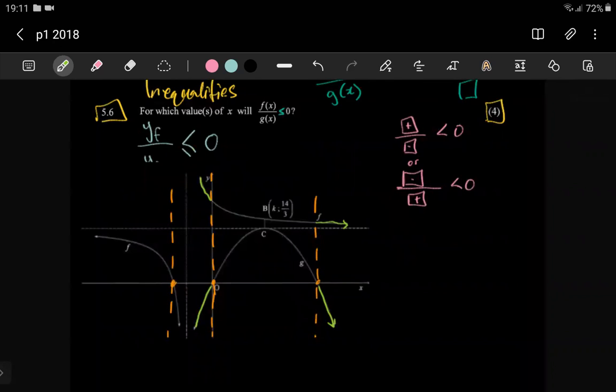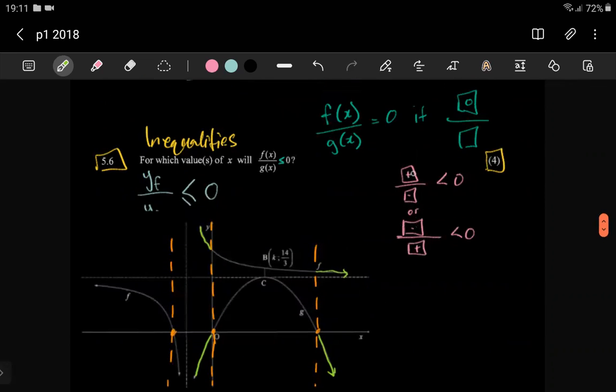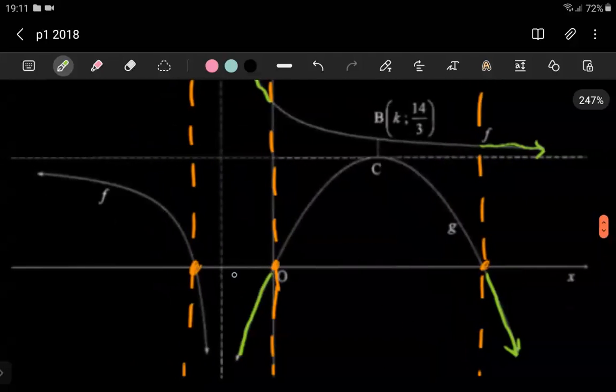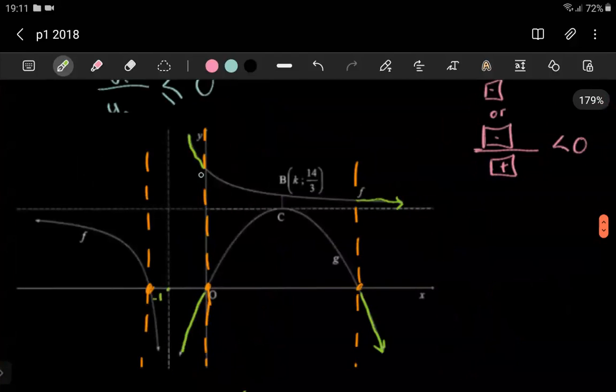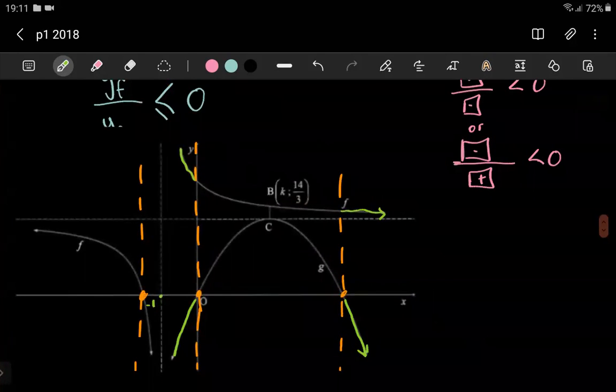So giving our answers, we're going to have to say here, the portion of our sketch that is going to give us an expression that is below 0 is where x is between, remember this here, we said this was like a -1. So looking at our sketch, you can see that the portion where your sketch qualifies is between -1 and 0.